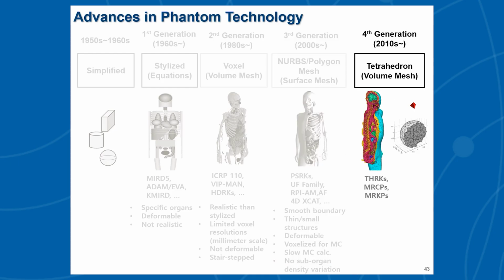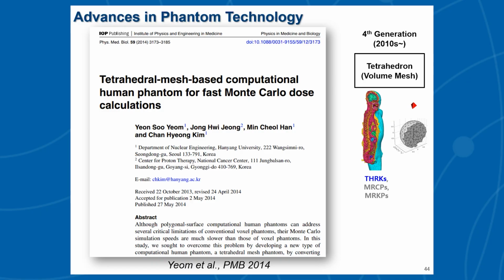So now I would like to stress the fourth generation of the computational phantom, which is the tetrahedral mesh phantom. In 2014, the Hanyang University research team published the paper where the tetrahedral mesh Korean phantom was first introduced.